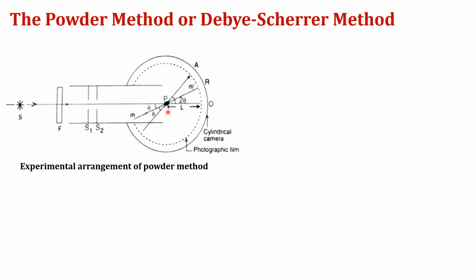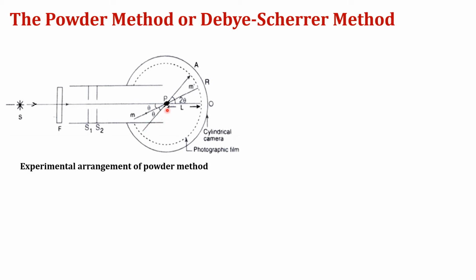Such different orientations of the planes will form different diffraction cones, and from the different diffraction cones we get the resulting diffraction pattern, which is recorded on the photographic film.